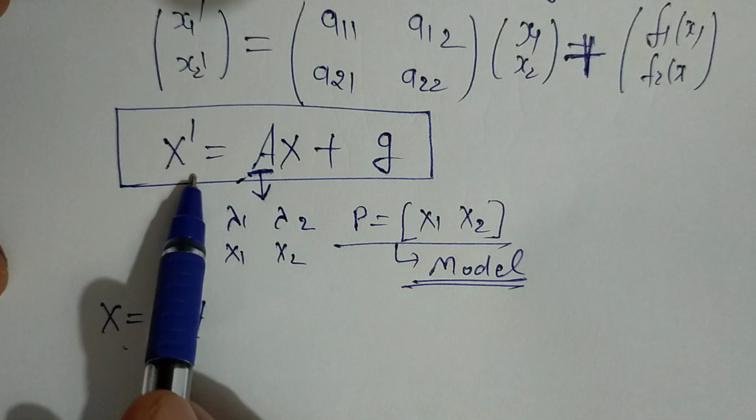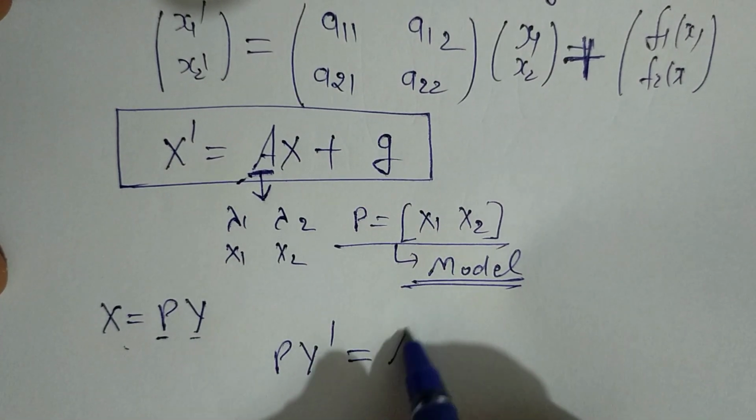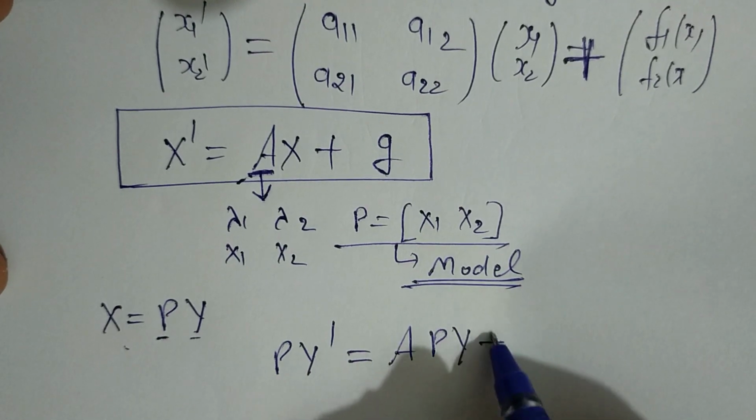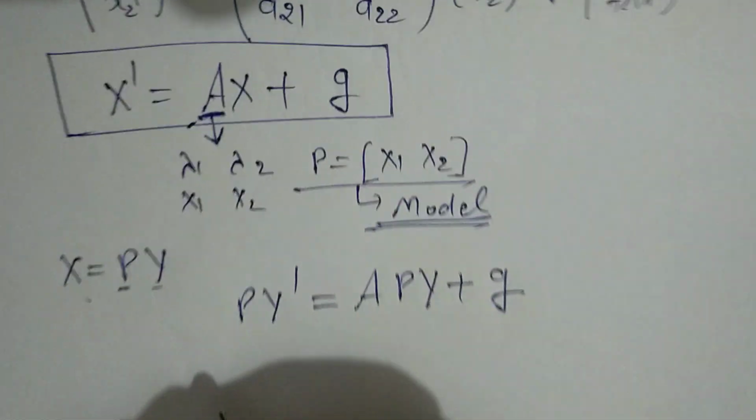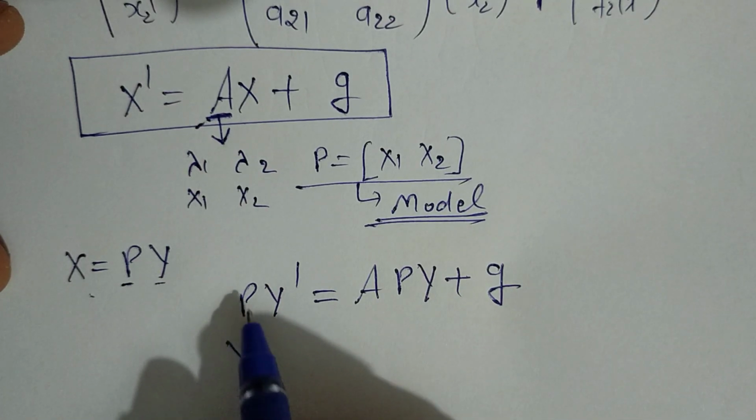Substituting in the main equation, we get P Y dash equal to A P Y plus G. Now multiply by P inverse, so we get Y dash, because P inverse into P is the identity matrix.